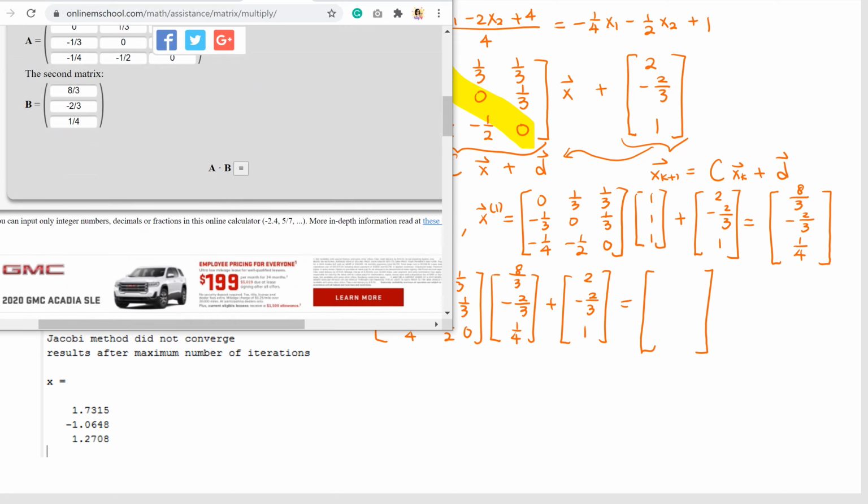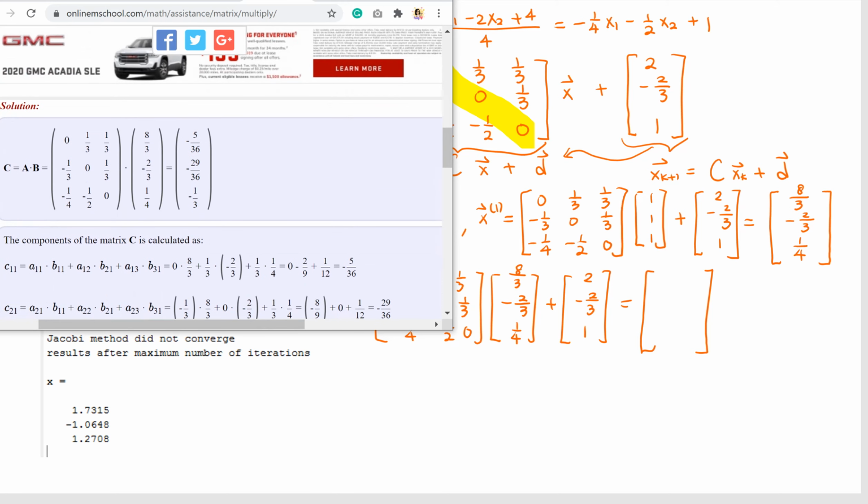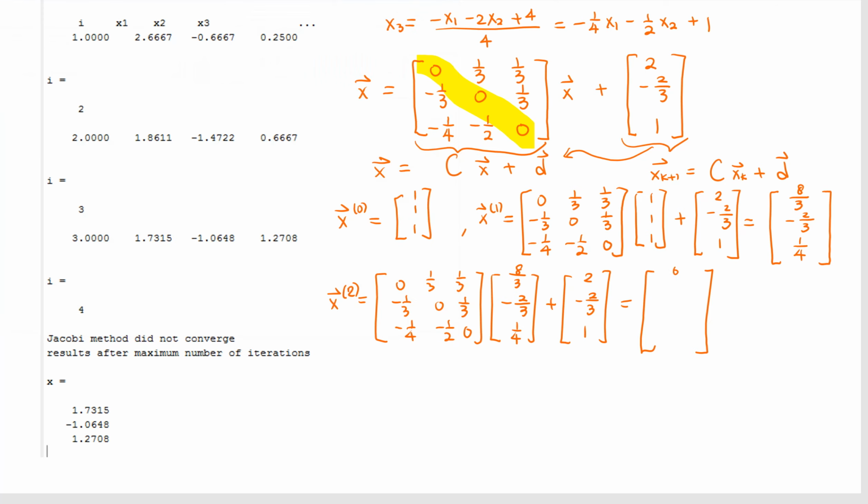Okay, and what do we get? Minus 5/36 plus 2. So 2 times 36 is 72. 72 minus 5 is 67, right? So 67/36.